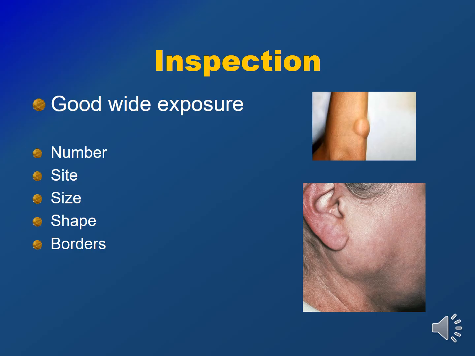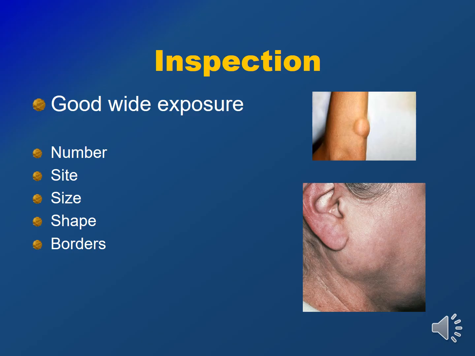Shape of the swelling. The swellings in surgery are either rounded or spherical, it's the same description, or oblong or oval in shape, and the third one is irregular-shaped swellings. We don't have any other shapes: either spherical, or oblong or elongated, and the last one is irregular.